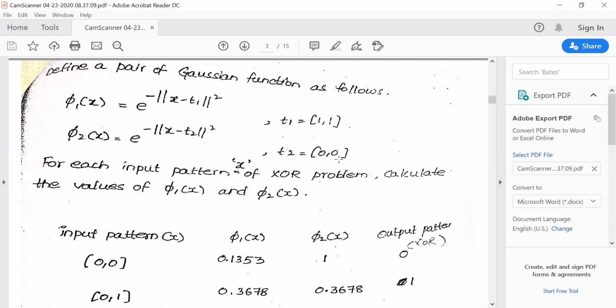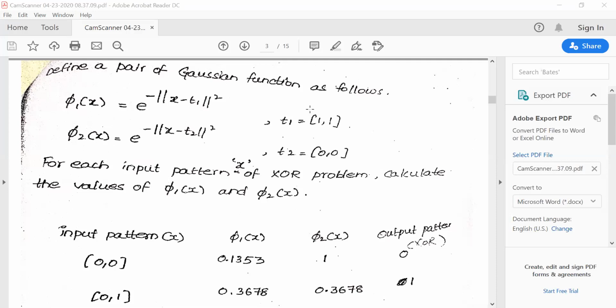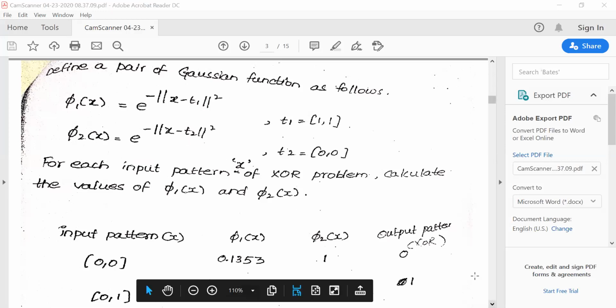You need to observe that (1,1) and (0,0) both represent the output 0 only. Or else you can take t1 as (0,1) and t2 as (1,0). That is your wish. You can select any centers, but both the centers must represent the same output. So here we took t1 equal to (1,1) and t2 equal to (0,0), defining these two Gaussian functions as phi1 of x and phi2 of x.